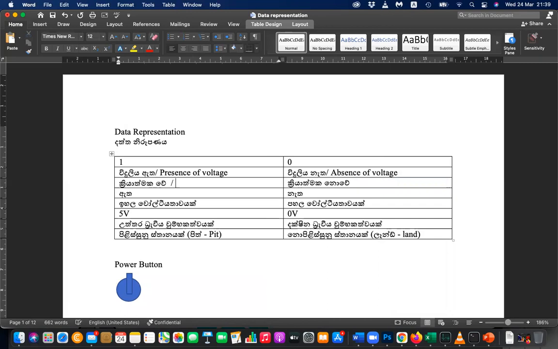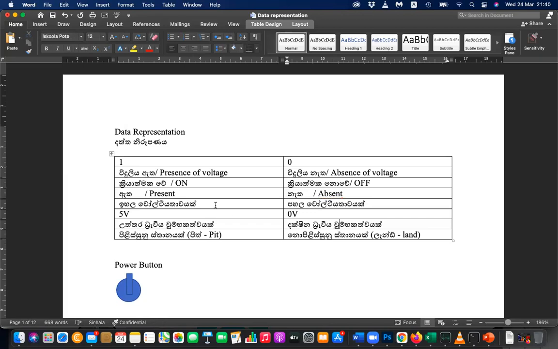And to tell that something is on and something is off, again you can use data representation. And to say yes or no, present or absent, data representation can be used.